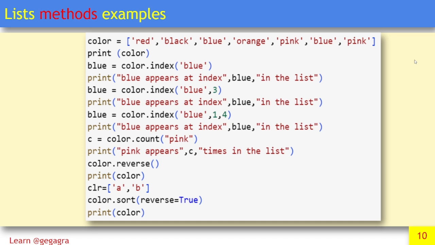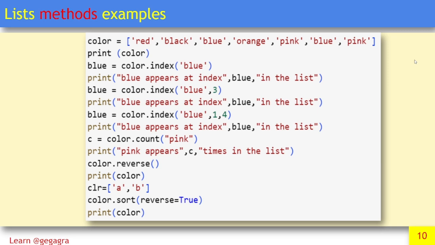Color is the list, and I want to reverse it. Reverse means index -1 will turn to 0, -2 will turn to 1, and so on. So this will reverse the entire list.